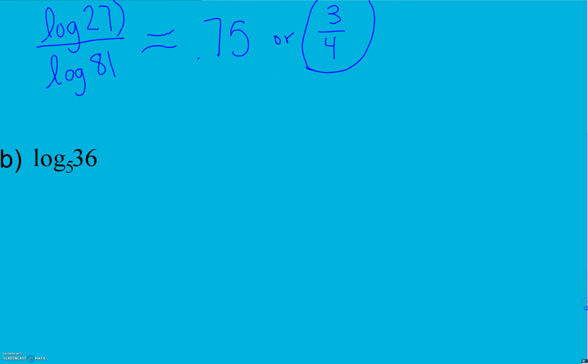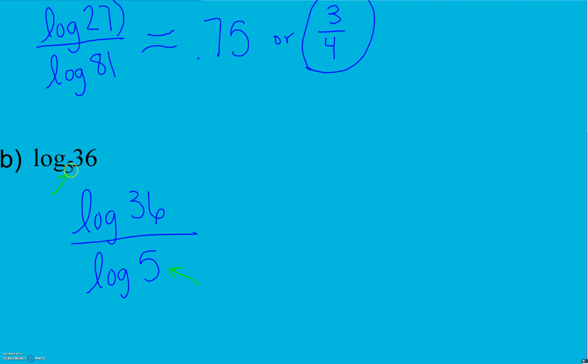Same idea. On B, we take log of 36 divided by log of our base 5. And if you're worried about remembering which one goes on top and which one goes on bottom, I always remember that our base goes on the bottom because it's already kind of dropped. It's already lower. So that's how I remember that that's the lower part of our fraction.